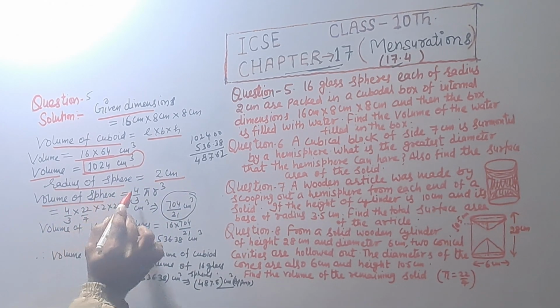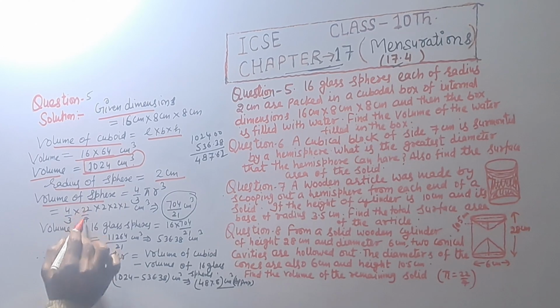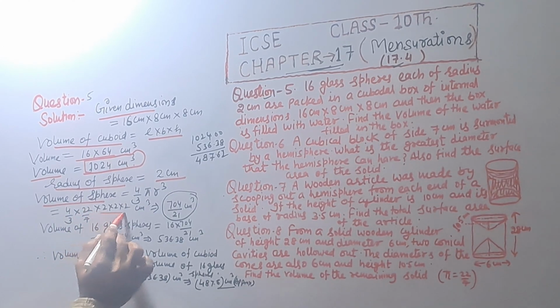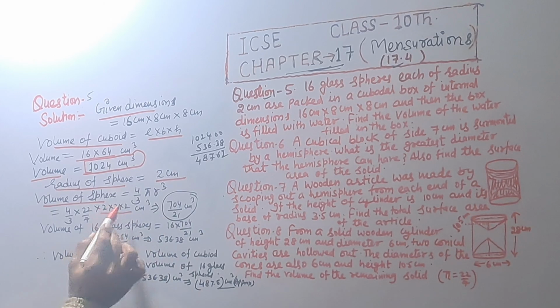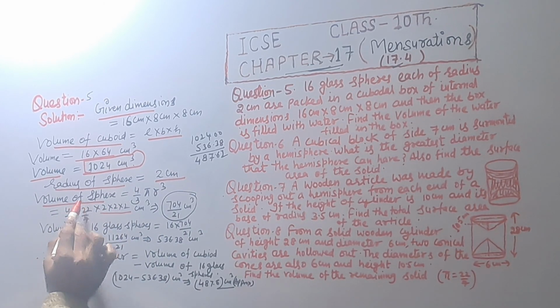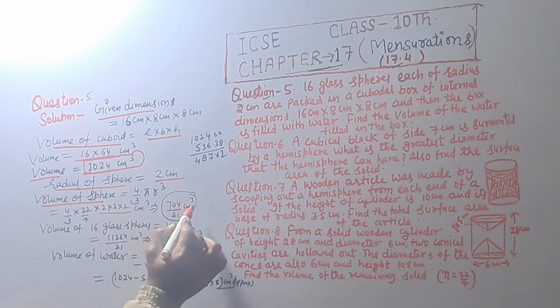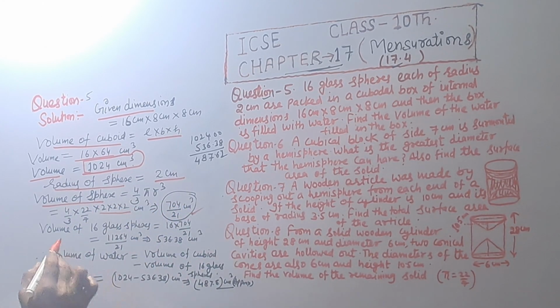So volume of sphere equal to 4/3 pi r cube. 4/3 into 22/7 into 2 into 2 into 2 centimeter cube, that is equal to 2 2s are 4, 2 4s are 8, 8 4s are 32, and 32 multiplied by 22, that is 704/21 centimeter cube.